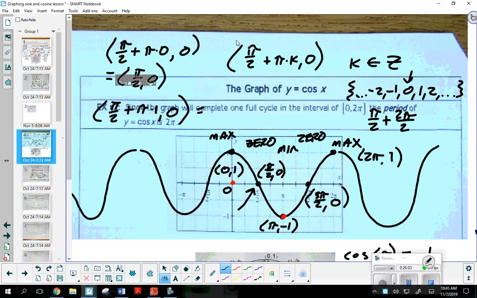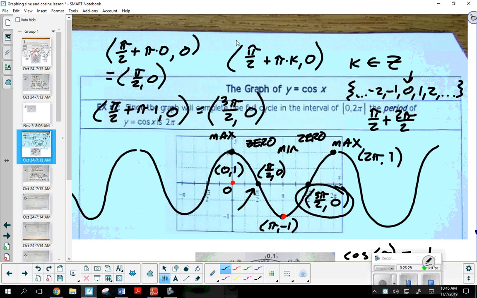Okay. Well, what's pi over 2 plus 2 pi over 2? How many pi's would I have? 3 pi over 2, comma 0, which is the very next x-intercept. Okay. That's what these are doing. They'll be able to let you find any maximum, any x-intercept, or any minimum that you want.